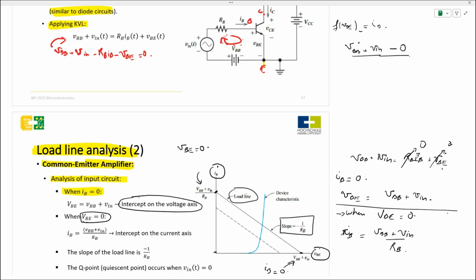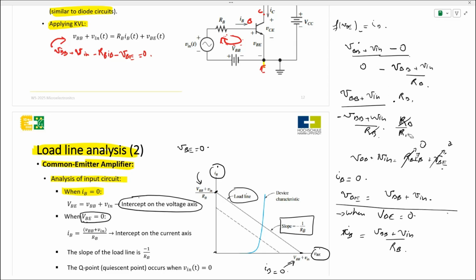This point minus this point, so we have 0 minus VBB plus Vin over RB. So we will be dividing here, and we will have VBB plus Vin over minus VBB plus Vin over RB. Of course, we multiply this by 1 on RB.